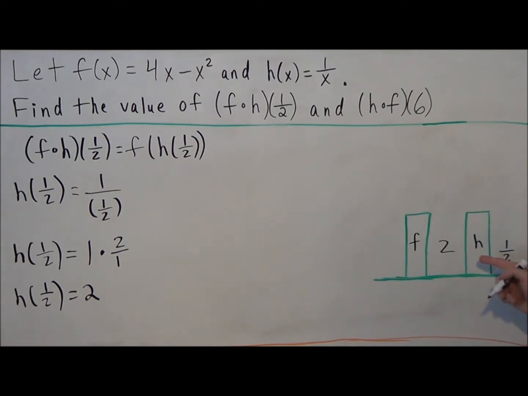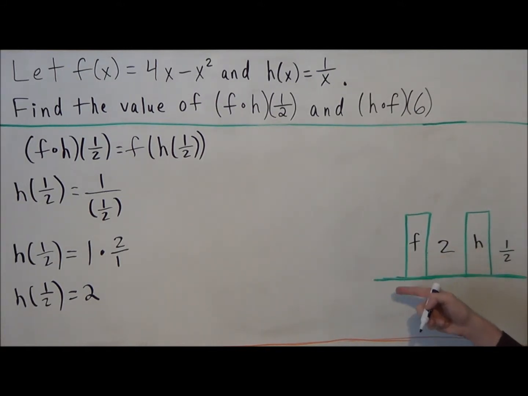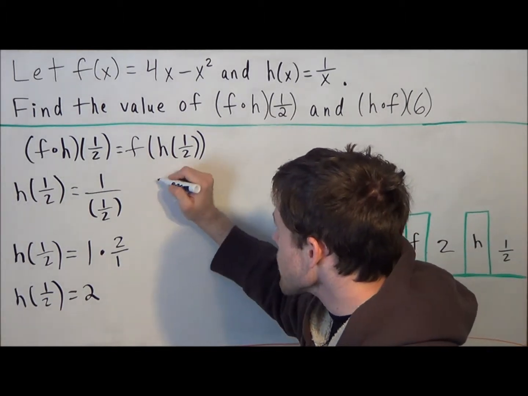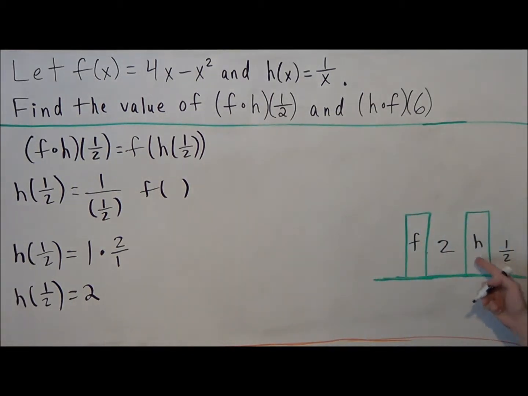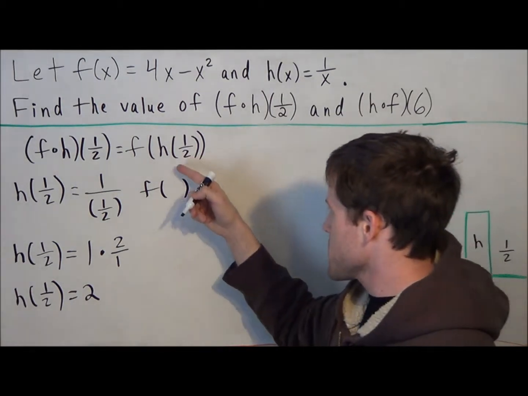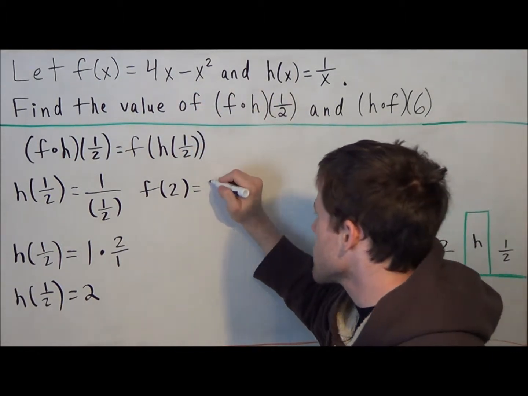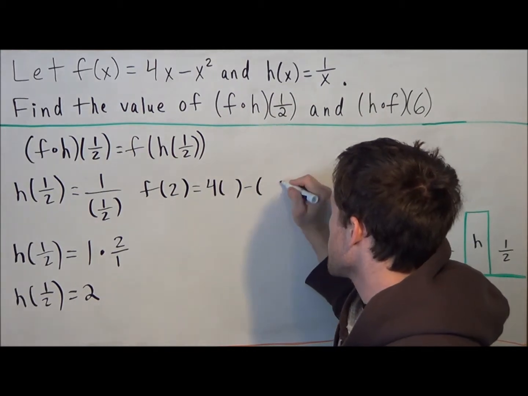But remember, we're going from right to left, so we're going to send this number 2 into the function f. So notice here now, when we go to the next line, we're doing f, but instead of h of 1/2, remember the output was 2. So we're replacing the variable here with 2. So we go to our function f, and notice we have 4 times x minus x squared.